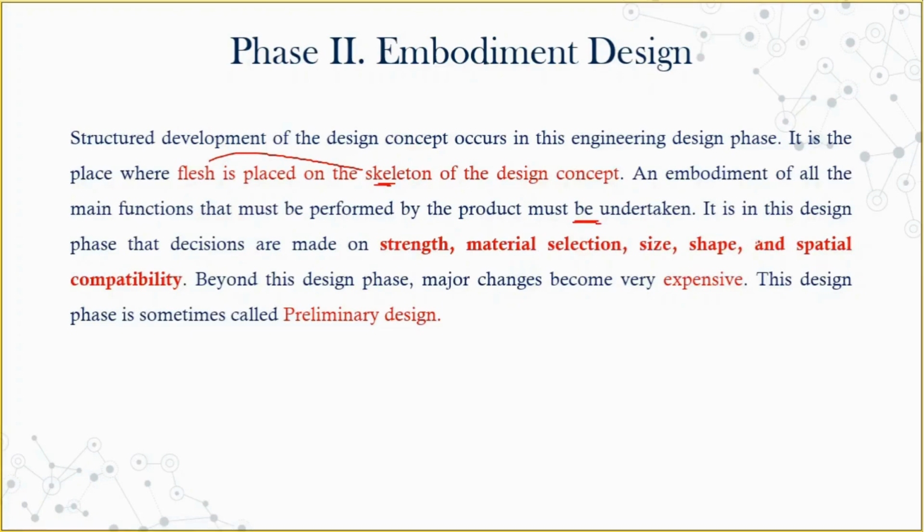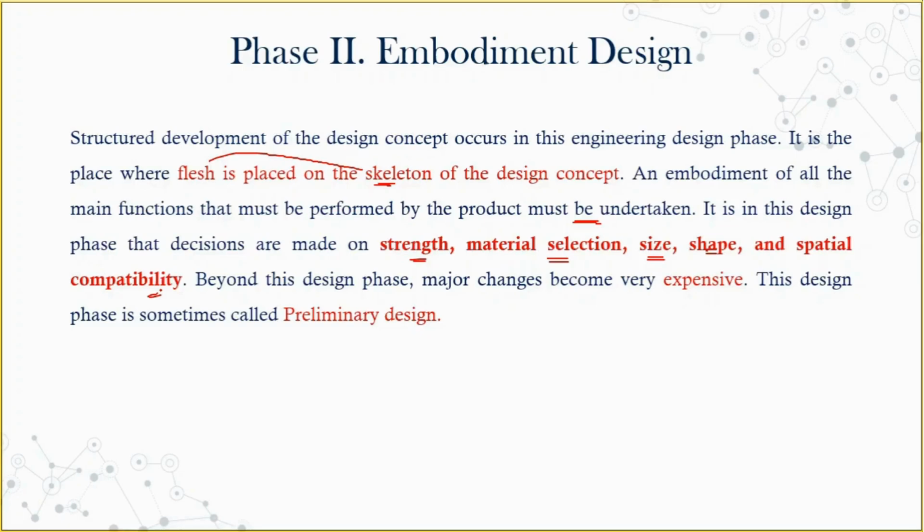In this design phase, decisions are made on strength, material selection, size, shape, and spatial compatibility, right. So ultimately you are going to take decisions to overcome the design constraints, and you are going to finalize the preliminary design.